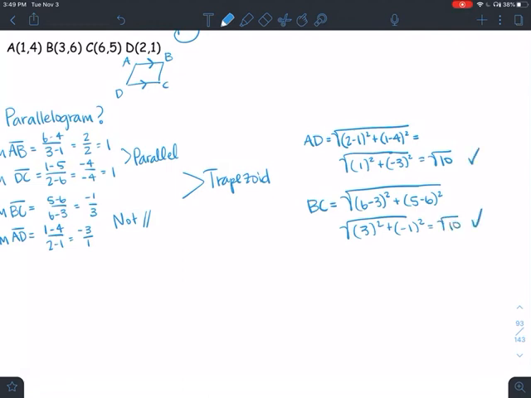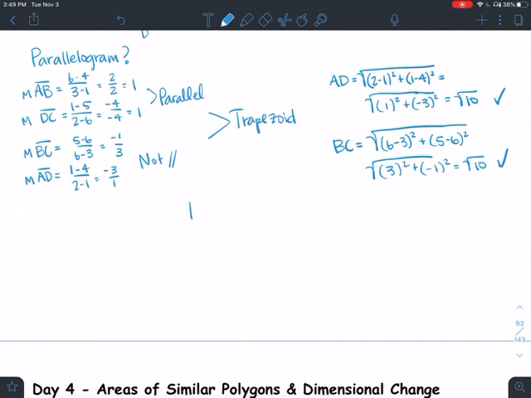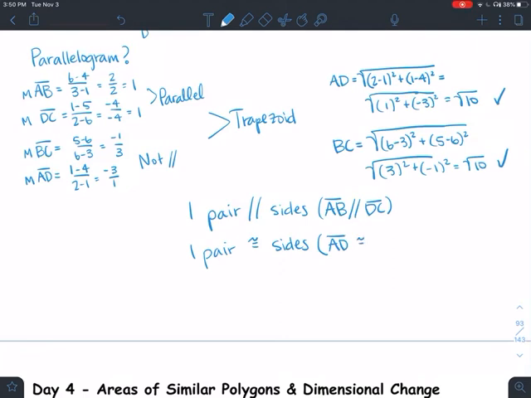These have the same length, so I have one pair of parallel sides and one pair of congruent sides. This is not the same set of sides: my pair of parallel sides is AB and DC, and my pair of congruent sides are AD and BC.